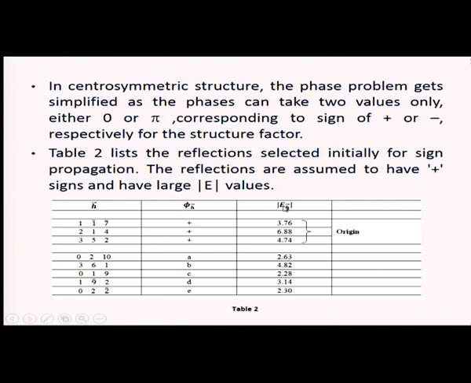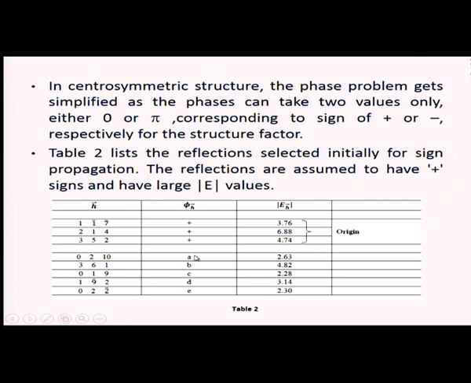That is why you choose reflections having large E values to generate the triplets. Okay, now 3 are given, signs plus. The other 5 reflections I am putting symbols. So, this is sometimes called the symbolic addition procedure, because we are using symbols.